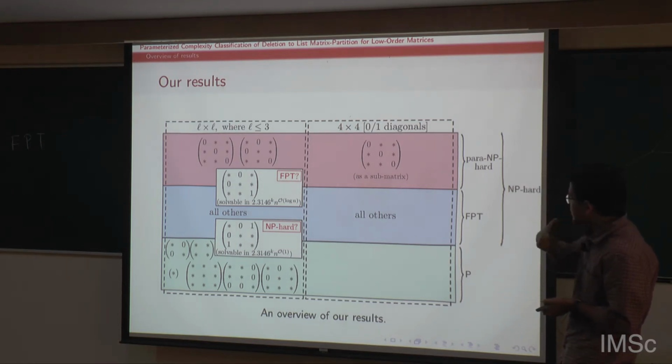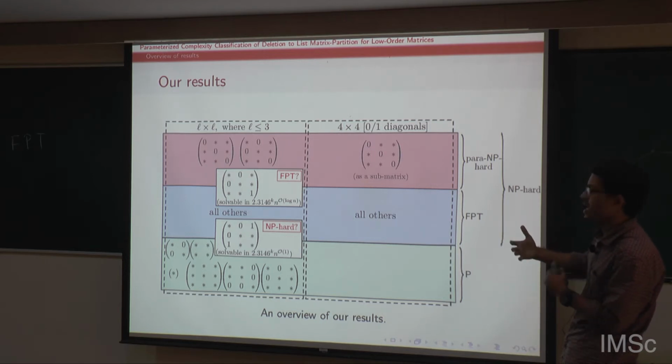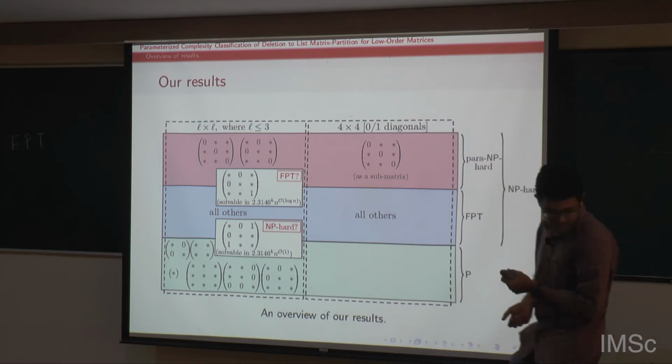One more thing. We already saw a complement of a matrix. If a graph admits an M partition, if and only if the complement of the graph admits a complement of M partition, right?